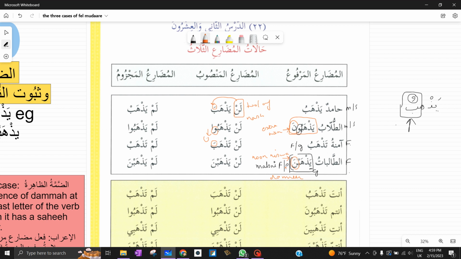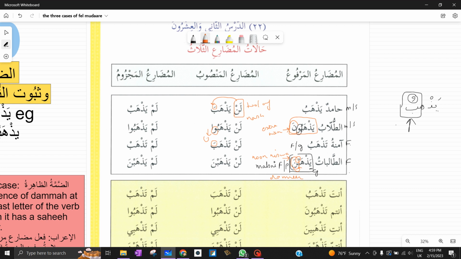Now one may ask, how will you recognize this is noon niswa and this is noon extra? Always remember, if you want to recognize noon niswa, you should go back to the previous letter and it should have a sukoon. If the letter before the noon has a sukoon, then know that definitely this noon is noon niswa, the damir.